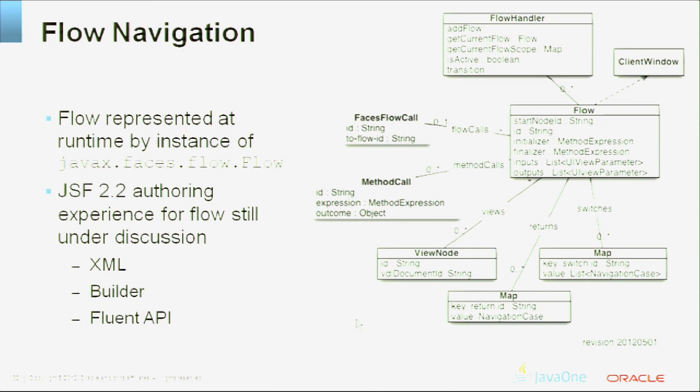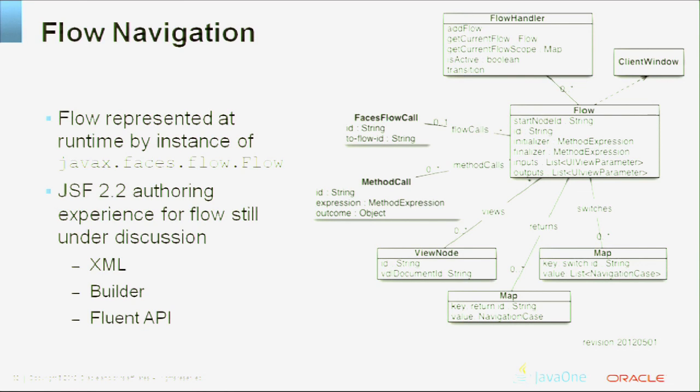So the flow handler is the class that lets you create flows and add them to the site. It depends on this new feature, client window. Client window is something we really got from MyFaces CODI, and it's something JSF has been lacking forever. And that is the ability to have something that maps to the browser view. So if you have multiple tabs or multiple browser windows, each one of those things will finally now have a client window that's associated with it.